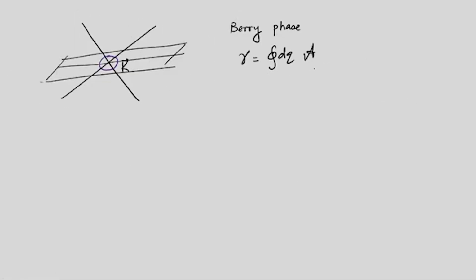So, we calculate the Berry phase by taking the line integral of the Berry connection over a closed contour in the Fermi plane about the Dirac point.